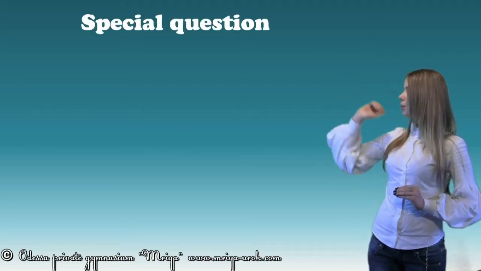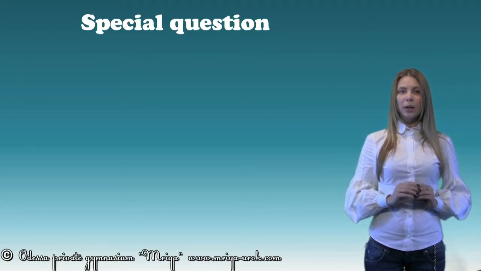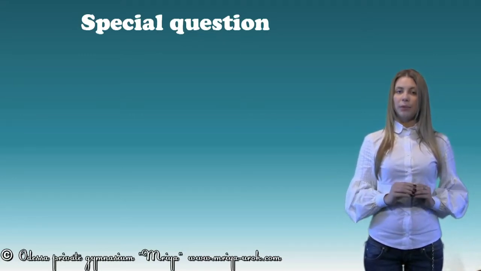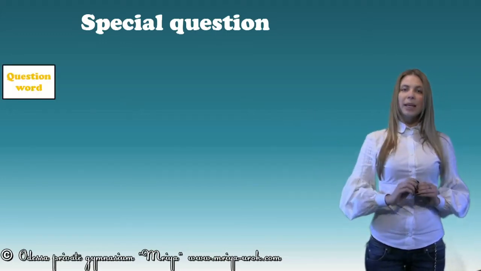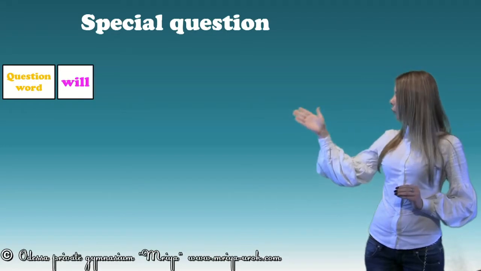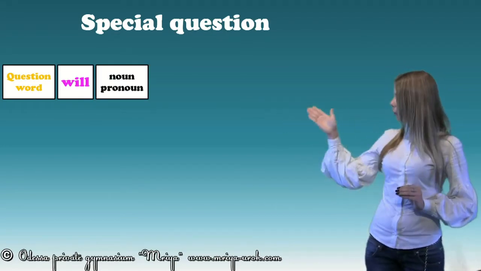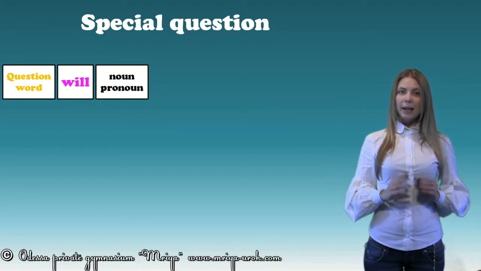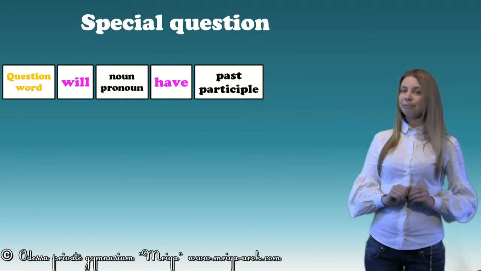And the last one, how do you make a special question? Special question is a question with a question word. So, on the first position you have to put your question word. Then you have to put will. After that, you have to put noun or pronoun, then have, and on the last position, past participle.